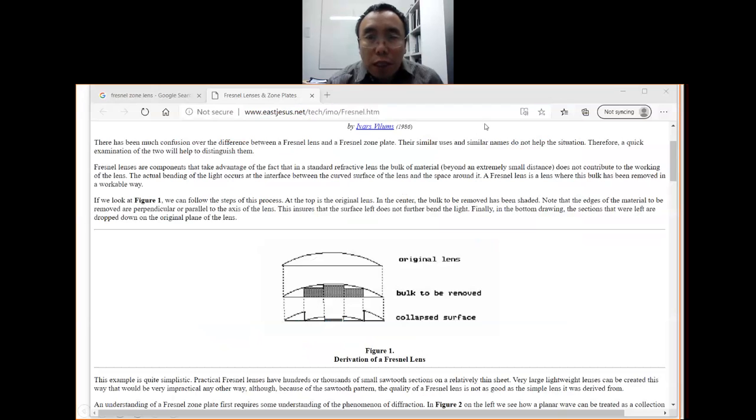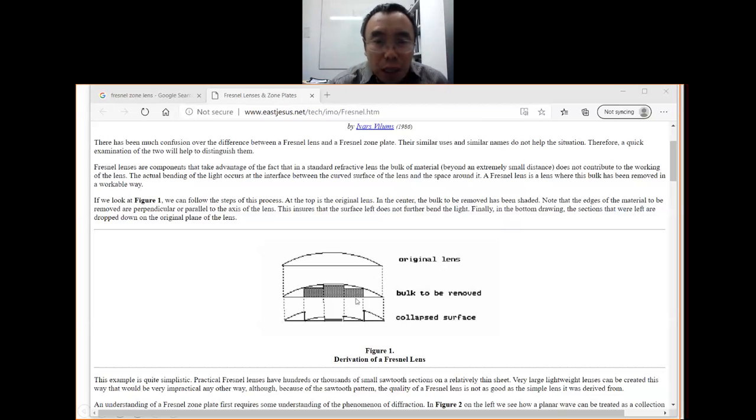So this is how the zone lens is designed. Normally we know the lens is something like this. So what do we do? We cut away those shaded regions, then we bring this part downward, and we bring all of them down. How much do we need to cut? We need to cut such that the optical path is an integer number of wavelengths.